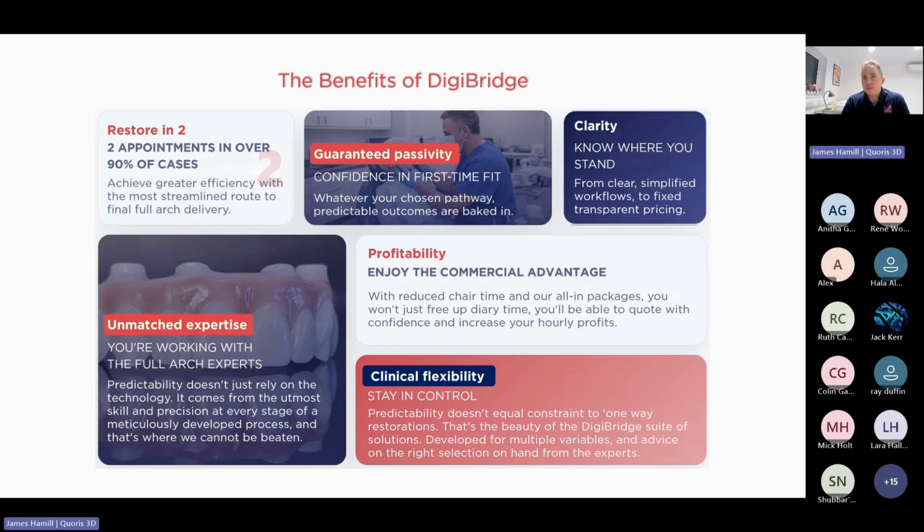We can guarantee you passivity, so that confidence in the first time fit with the new Passivity Plus tie base. It's an amazing addition to what we're able to do for customers, and certainly the use of it so far has been very positive. We can give you clarity to know where you stand, giving you simplified pathways and workflows, to being able to give you fixed, transparent pricing.